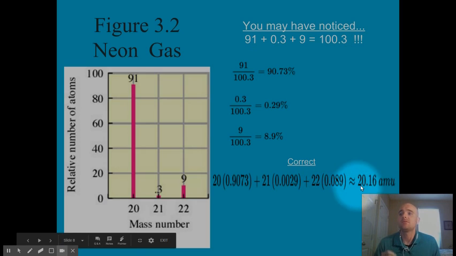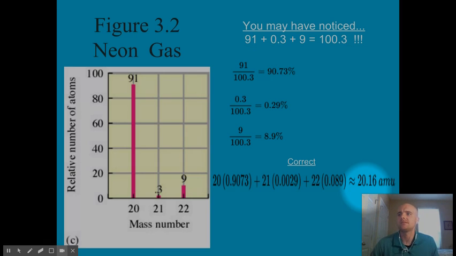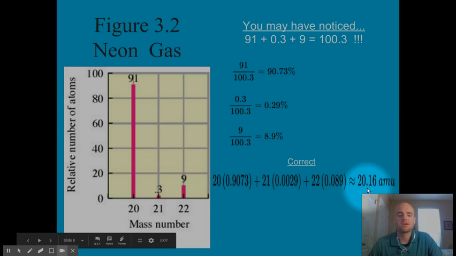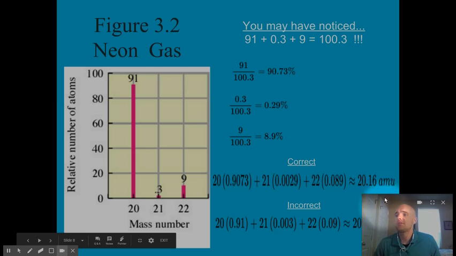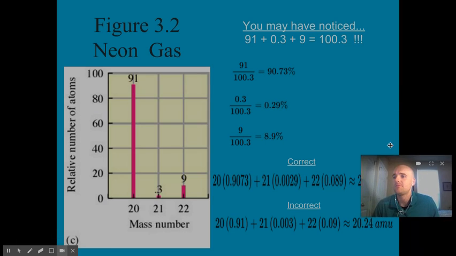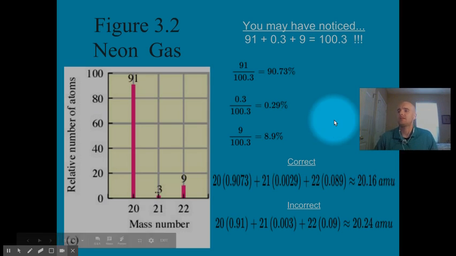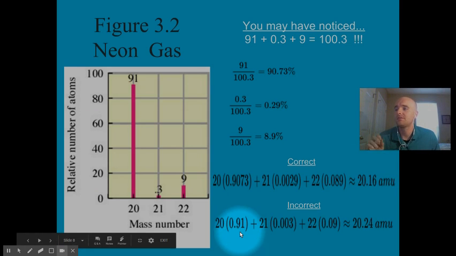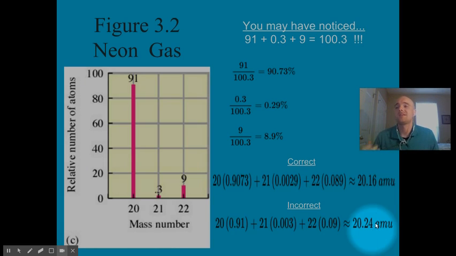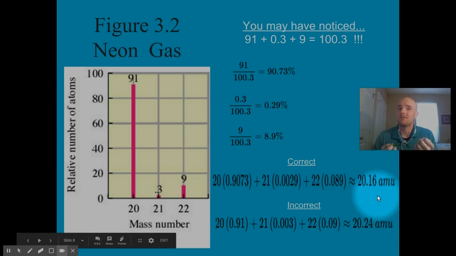That will equal about, with 4 significant figures, let's just give 2 decimal places, 20.16. Just to show you the incorrect way, if we did it with the alternate ones, if we calculated it out, it would be 20.24. Close, but not enough to make a difference.